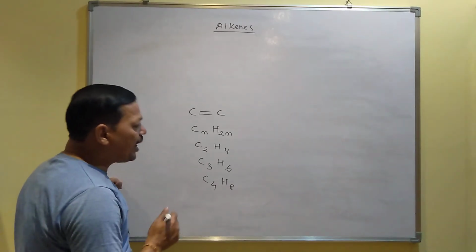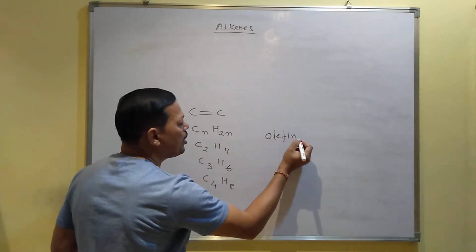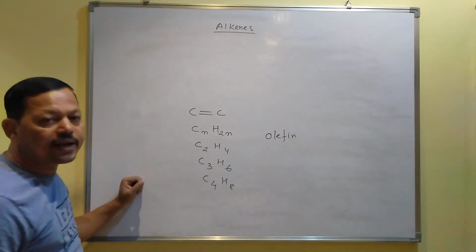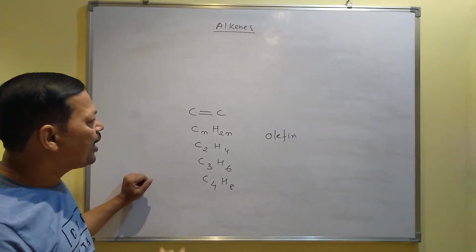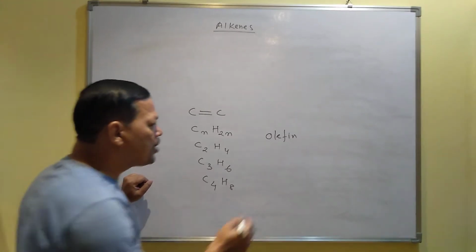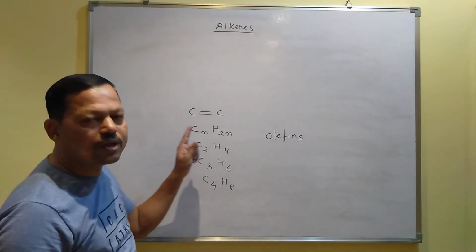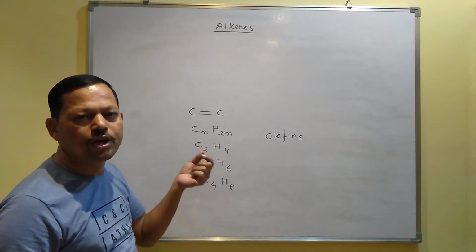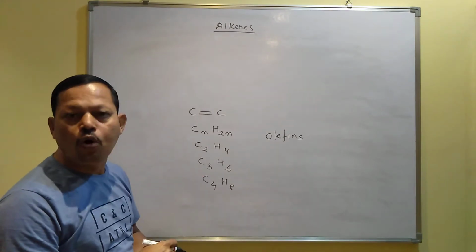Now these alkenes are also called olefins. Alkanes are called paraffins due to their less reactivity, and alkenes are called olefins. Why are they called olefins? Because the lower members of alkenes, when they react with halogens, that means fluorine, chlorine, bromine, iodine, form some oily product.